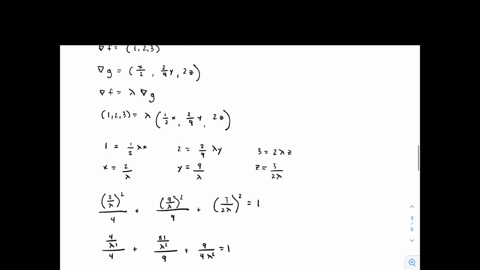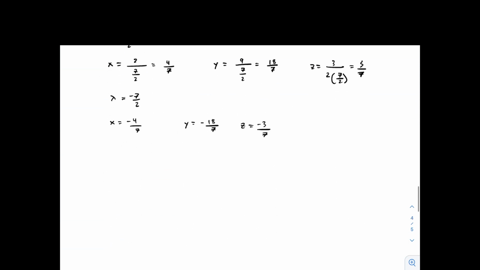Now plugging in these values into our original function f, which said x plus 2y plus 3z, we can see that f of 4/7, 18 over 7, and 3 over 7 is going to be 4/7 plus 2 times 18 over 7 plus 3 times 3 over 7, and that's going to be 7.